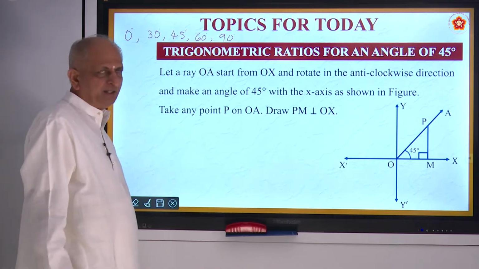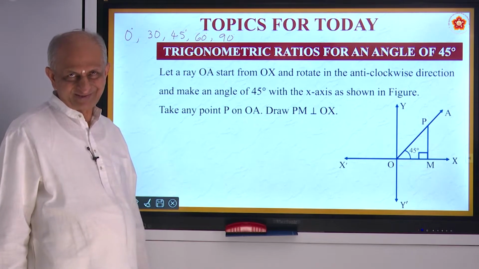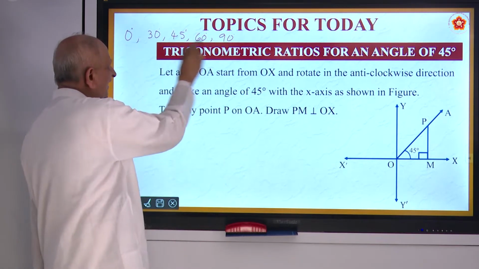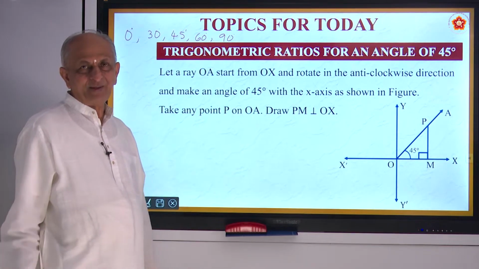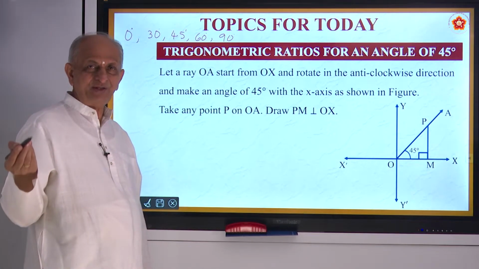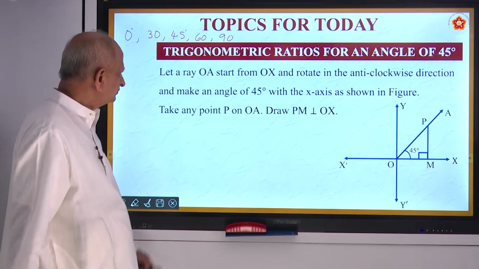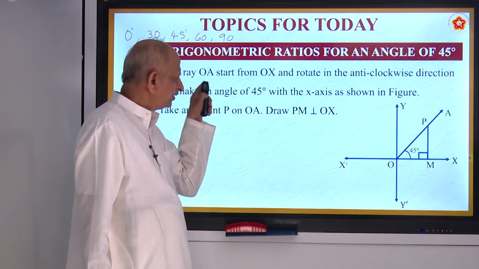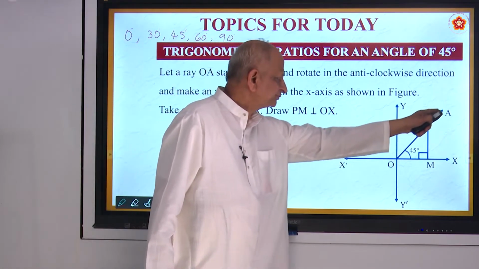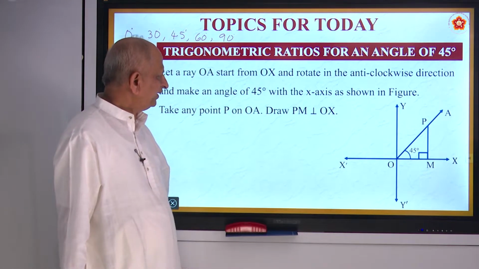In trigonometry, we deal only with acute angles, and these are called special angles. What about others? You can divide it also, that is possible. So here, let us draw a ray OA at the point O on OX.